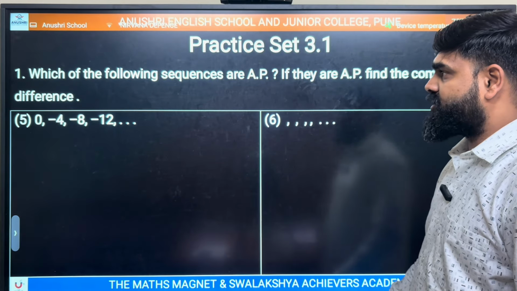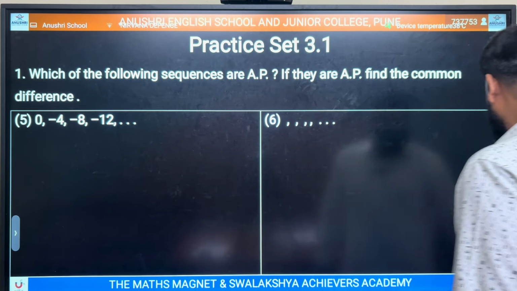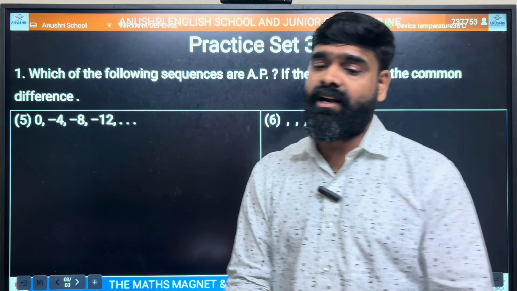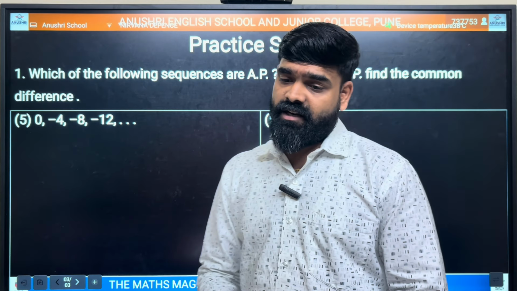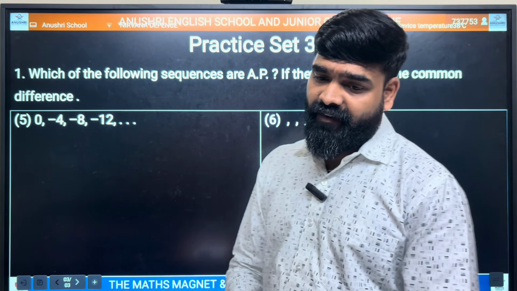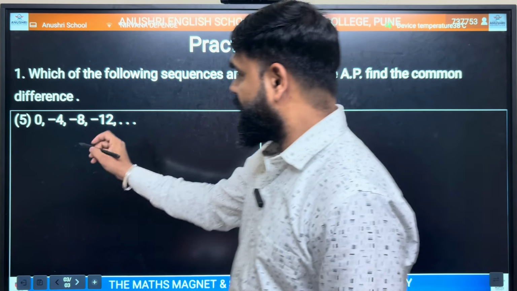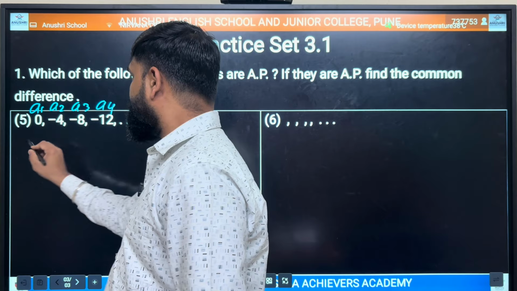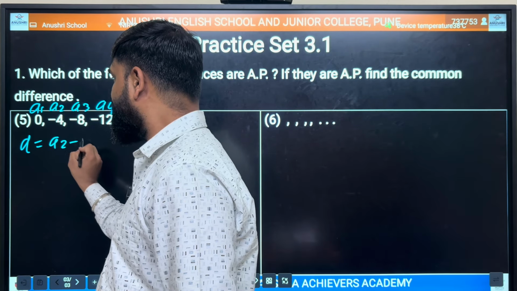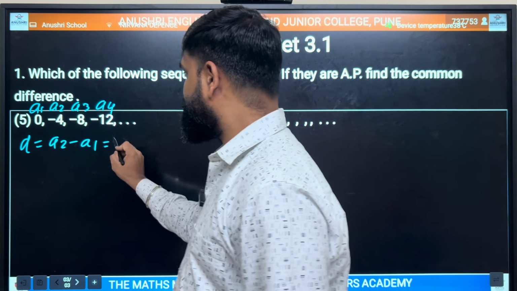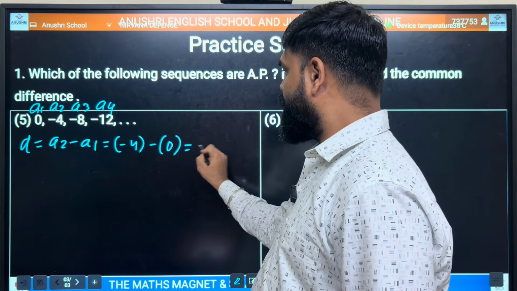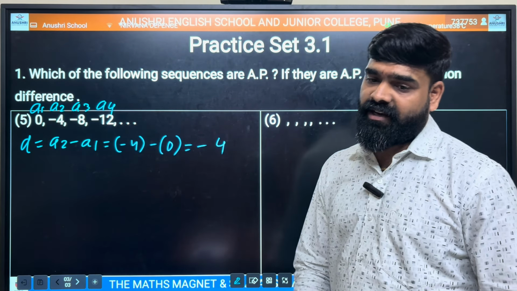So let us solve the next question. In the next question, question number 5, we have 0, minus 4, minus 8 and minus 12. So we have to find the D here. A1, A2, A3, and this is A4. So let us find D, A2 minus A1. A2 is minus 4 minus 0, so we have minus 4.